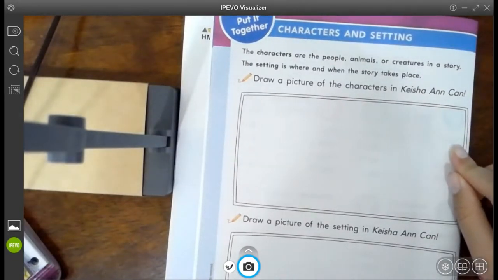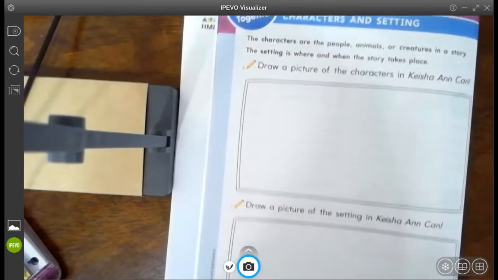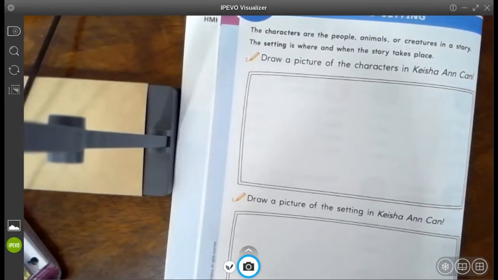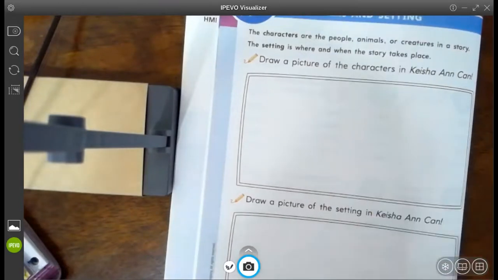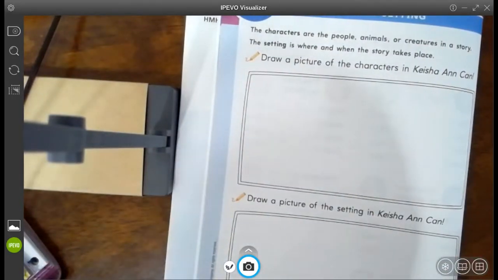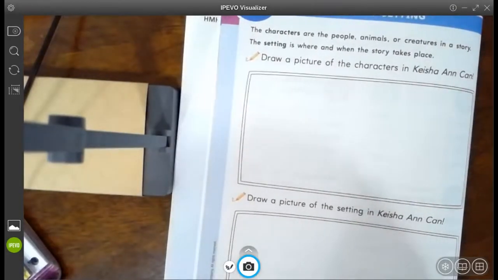Remember that the characters are the people, animals, or creatures in a story, and the setting is where and when the story takes place. I want you to turn and talk to someone near you about a character that you could draw from the story Keisha Ann Can. Turn your body and use your words to tell them a character from the story.